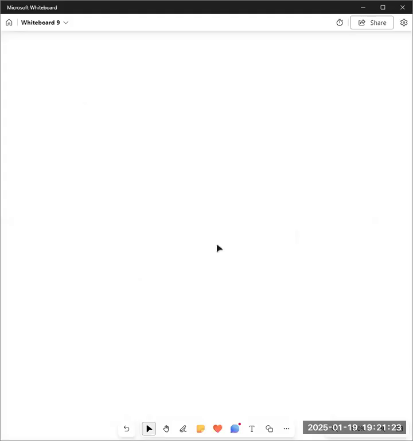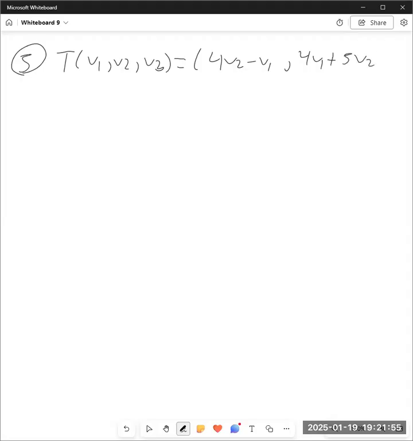That was number 3. Moving on to number 5. 5 says T of V1, V2, V3 is equal to 4V2 minus V1, 4V1 plus 5V2.